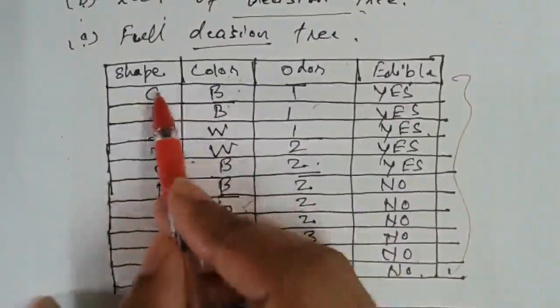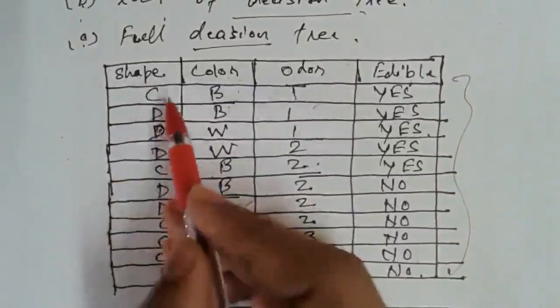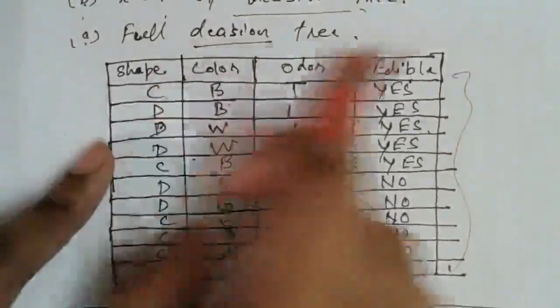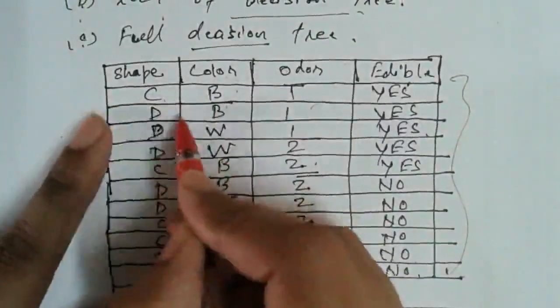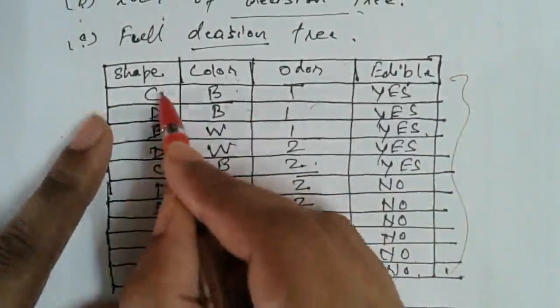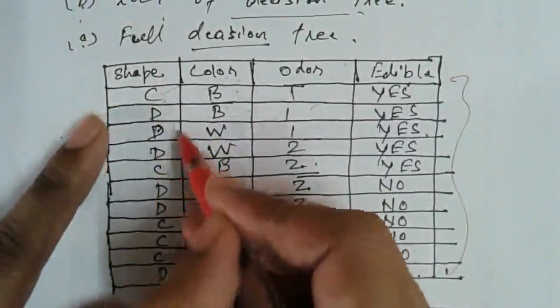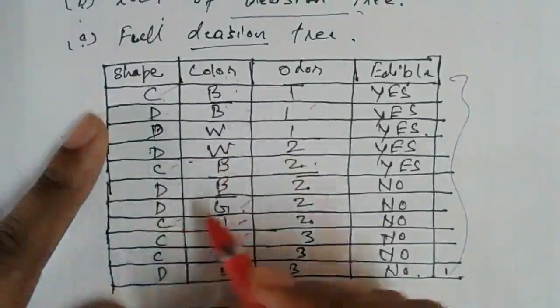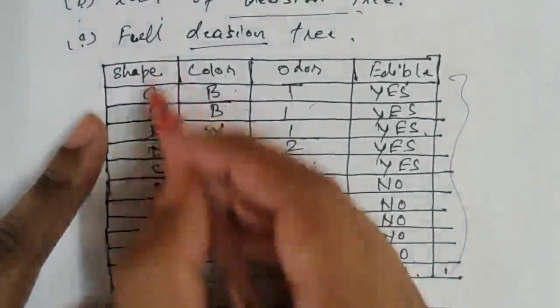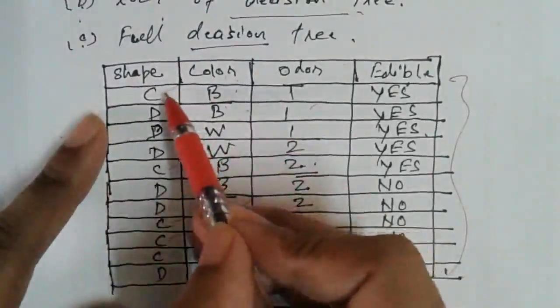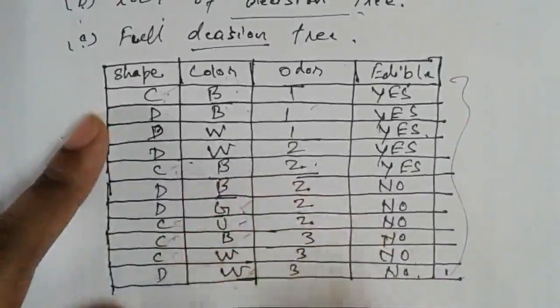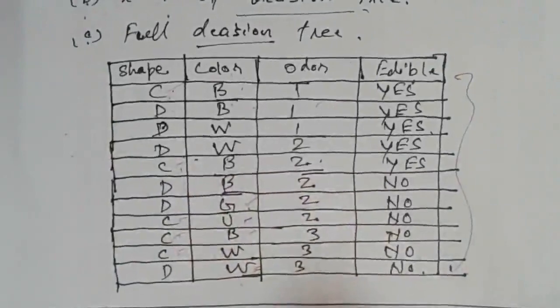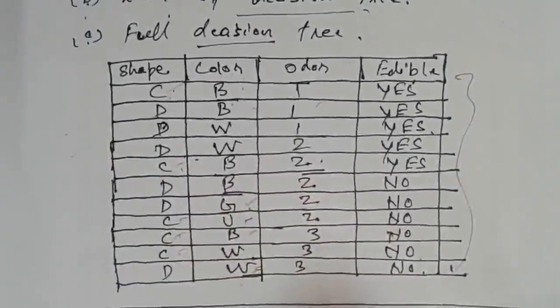Now if we take the decision that shape is C, this whole decision tree is reduced, right? This part is not included, we include only the C portion of the decision tree. So these 11 rows are reduced to 1, 2, 3, 4, 5 rows, right? Because we have taken the decision that the shape value is C.